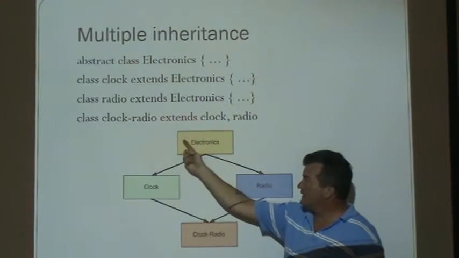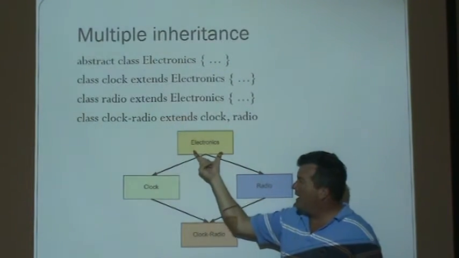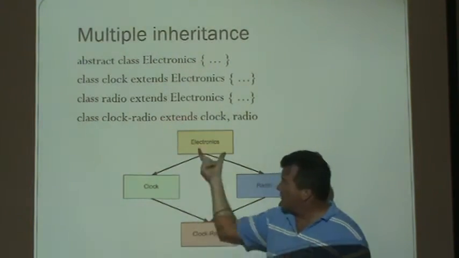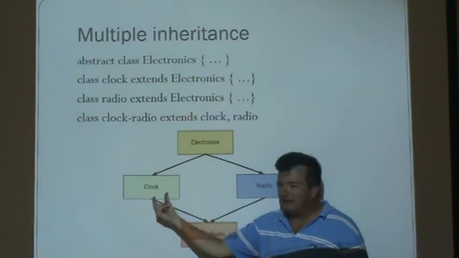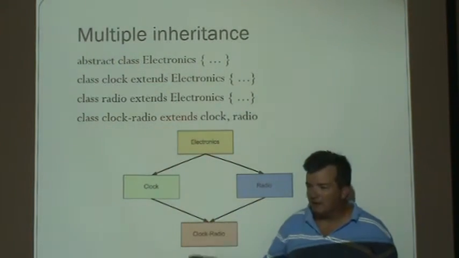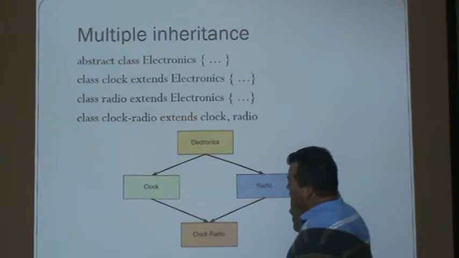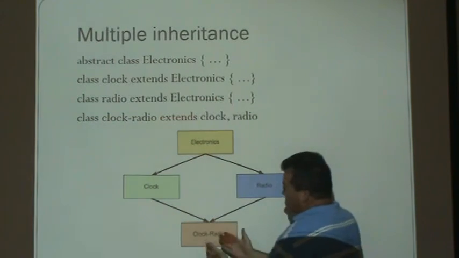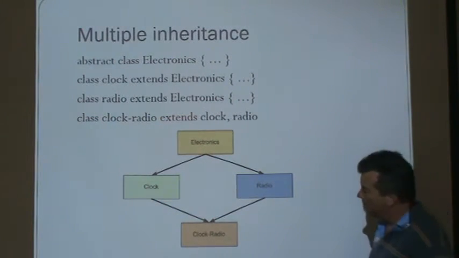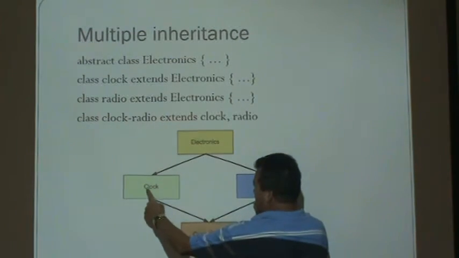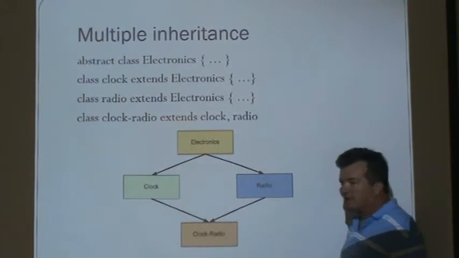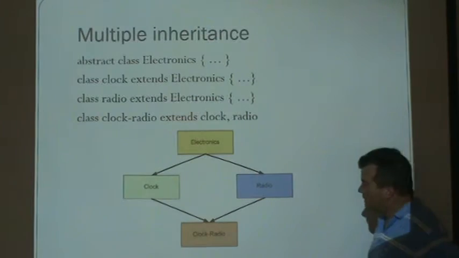We're taking the class electronics, which is somewhat vague, and we're making it more specific. We're taking everything from electronics and then adding stuff that's only special to a clock. So you might think it would be strange to multiply inherit because we have 2 different objects, and to say one is a specific version of the others, that might seem a little odd, but sometimes it happens.